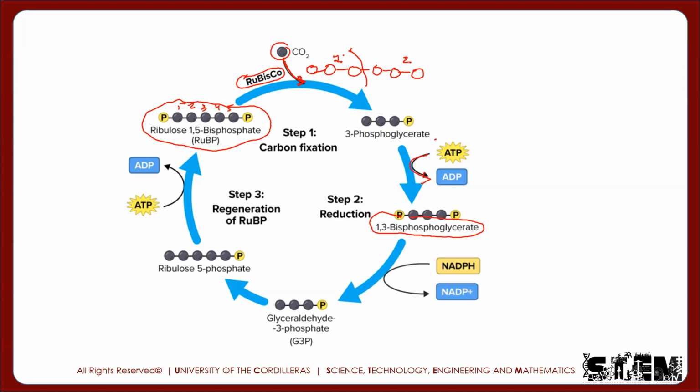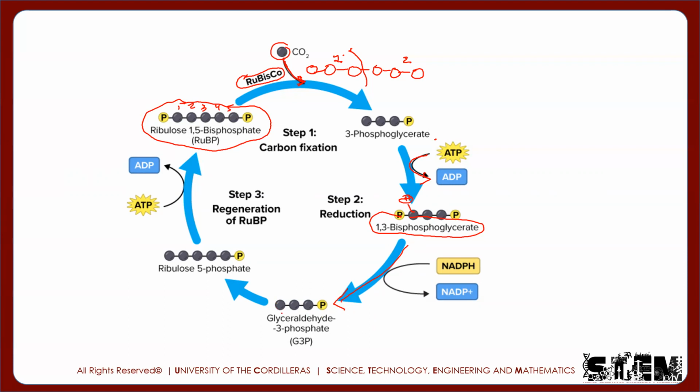And then with the NADPH from the light reaction also, the hydrogen will attach here to create the molecule glyceraldehyde 3-phosphate. I'm sorry, glyceraldehyde 3-phosphate is like a tongue twister.